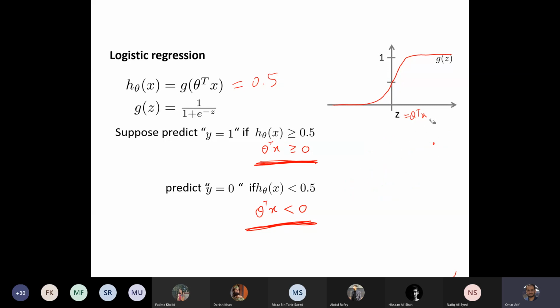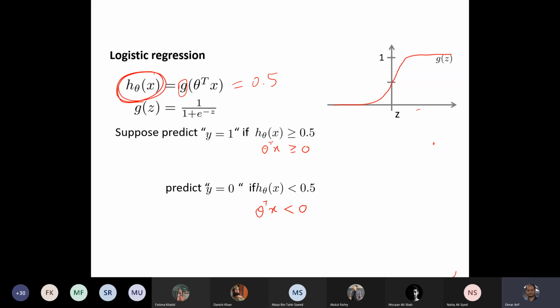So till here it is fine, it is understood that this sigmoid function g will be 0.5 when this argument, theta transpose x, is 0. And if theta transpose x is greater than 0, it will be greater than 0.5. The maximum value will be 1, but greater than 0.5. Remember, we are assuming that this is a probability.